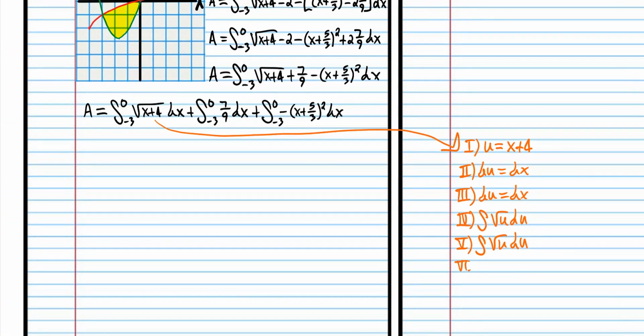Sixth step is to find the antiderivative, but remember, we can't find the antiderivative if we have a root, so I have to change it to u to the 1/2 power.